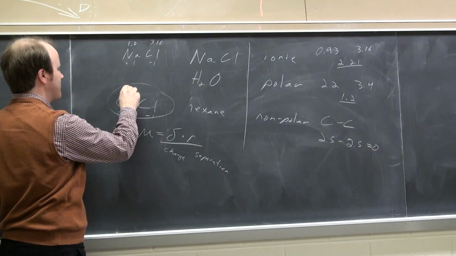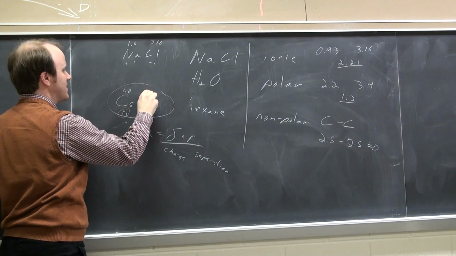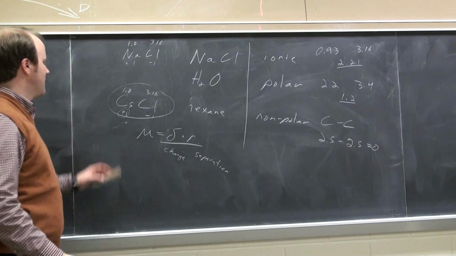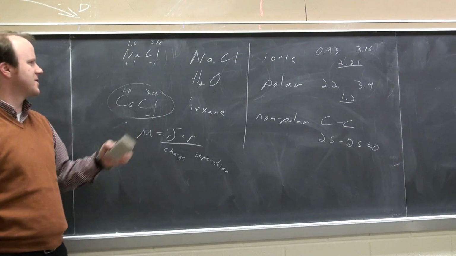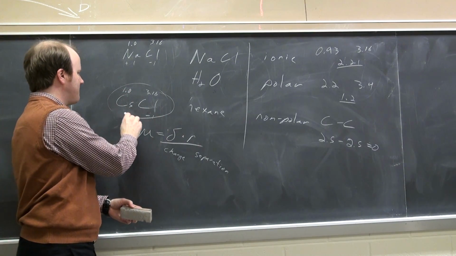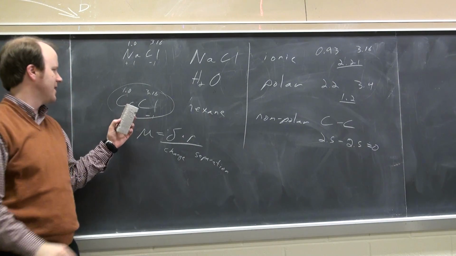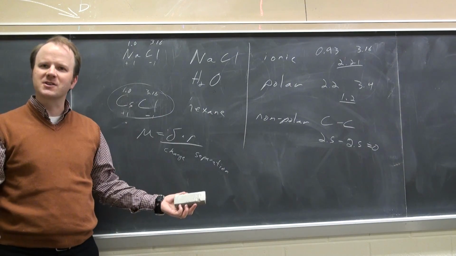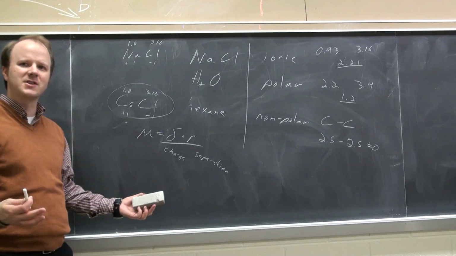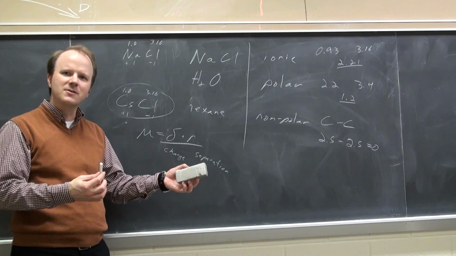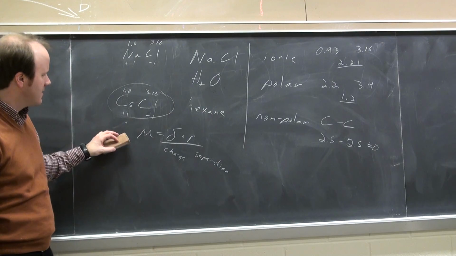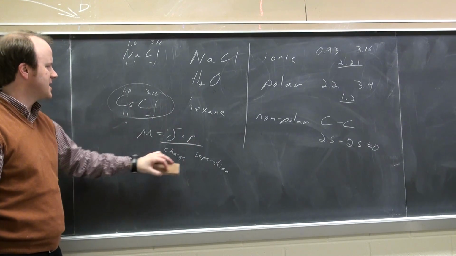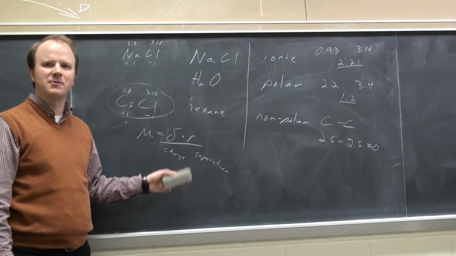So if the electronegativity of cesium is 1.0 and the electronegativity of chloride is 3.16, it's probably not a full charge, right? Because we know that +1 and -1 are just convenient numbers to write. Usually it's +0.2, -0.2, something like that. But just the idea that the dipole moment is both the charge and the separation is enough.